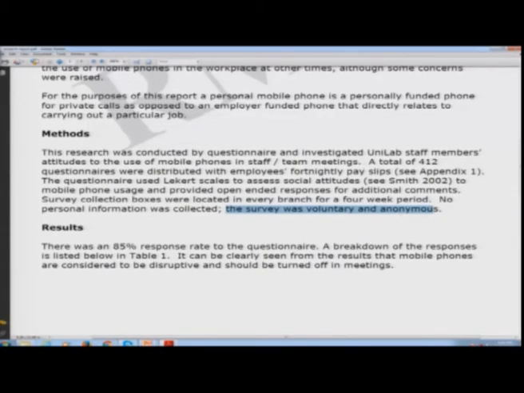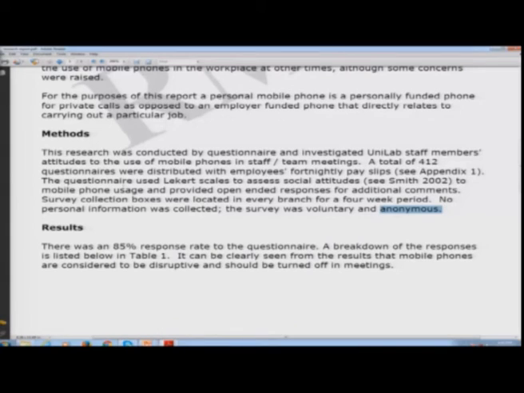Whoever filled it and dropped it in survey collection boxes, only those responses were analyzed. And anonymous, people who participated were not required to give personal details like name and other details which help identify that person.